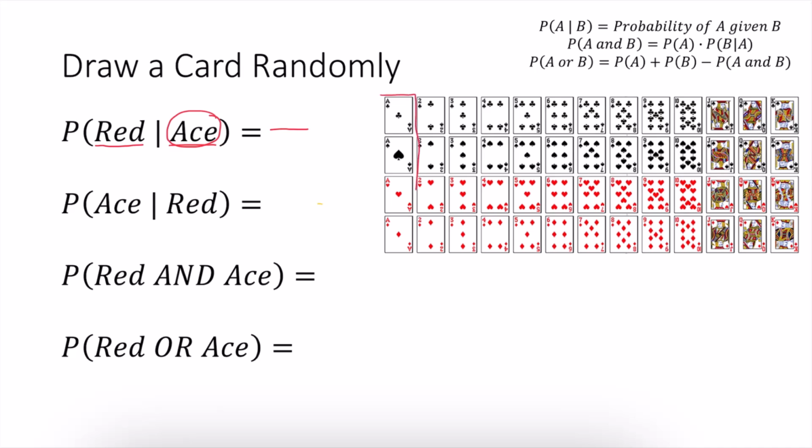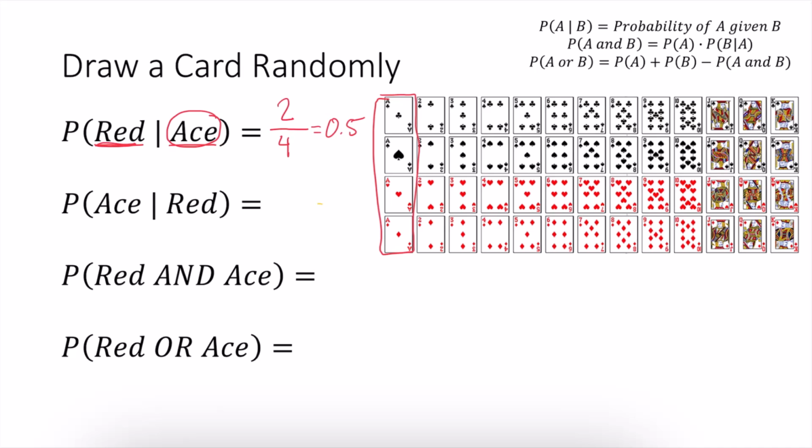Instead, there are only 4 aces in the deck, so the bottom number of my probability would be 4. The likelihood that I choose a red card, assuming that I draw an ace, is just 2 out of those 4 cards. When you divide that out, you end up with the decimal version of the probability as 0.5. So that would be the probability of choosing a red card given that you choose an ace.